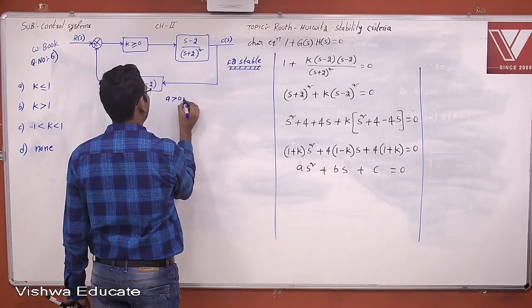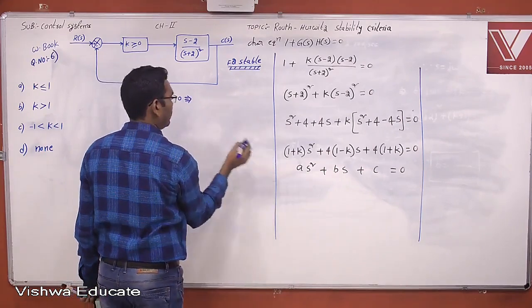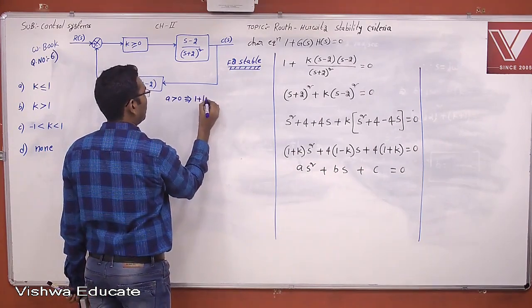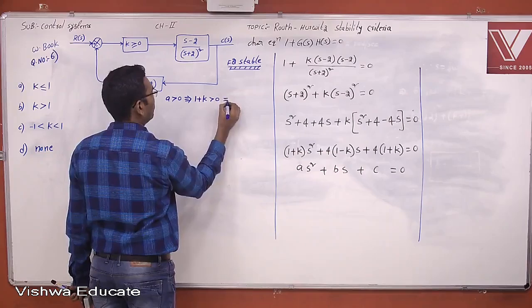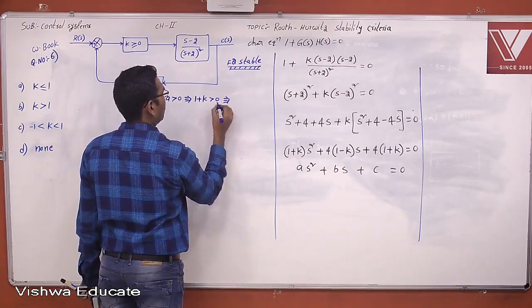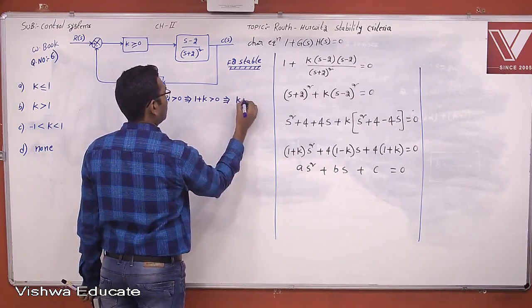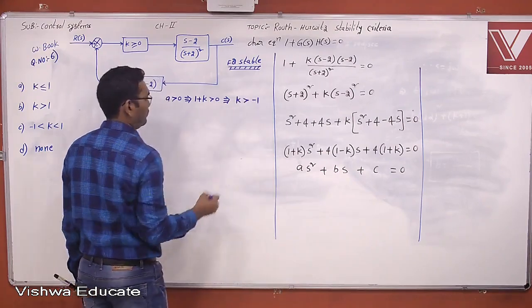What is a here? a is nothing but 1 plus k is greater than 0. Therefore, k is greater than minus 1.